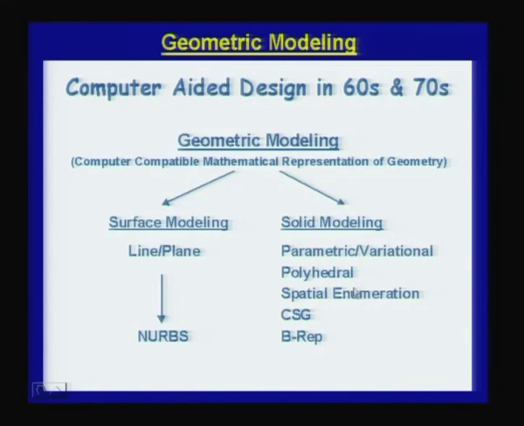Then polyhedral and spatial enumeration models were developed, and CSG, which deals with constructive solid geometry, and BREP, which is boundary representation, were other popular solid modeling schemes which evolved in the 70s. And these concepts, surface and solid modeling, are the core of any CAD system in most of today's high end and low end CAD systems.